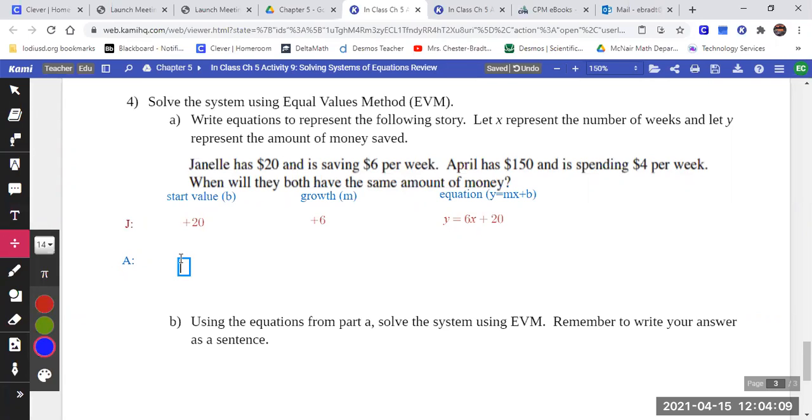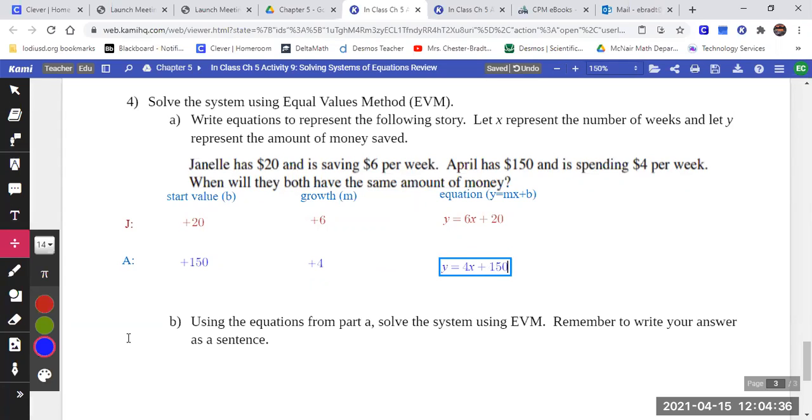Ooh, she has a lot. Positive 150. From the story, what does it say April's growth is? Positive $4 each week. Yes. So that means that her equation would be what? Y equals 4x plus 150.